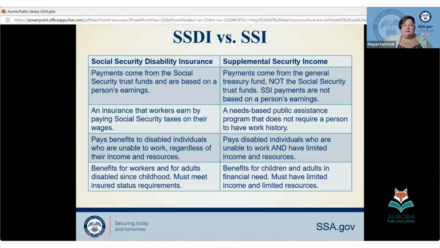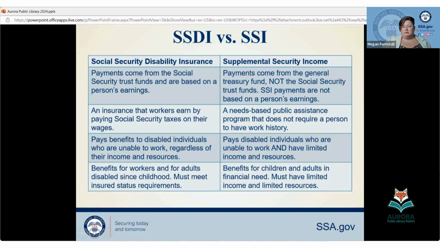But again, as the differences go, Social Security disability, or SSDI, that's coming from those Social Security trust funds. The amount you're paid out monthly is going to be based on your earnings. And it's an insurance that we're paying into. And you could receive a Social Security disability benefit regardless of how much income and resources you have. So you can live in a mansion, you can drive a Rolls Royce, you can have $1 million in the bank.